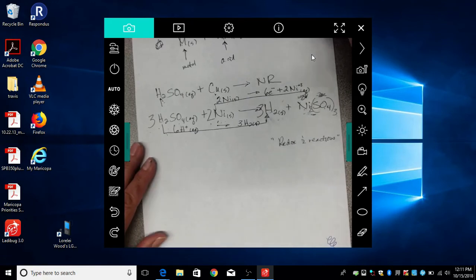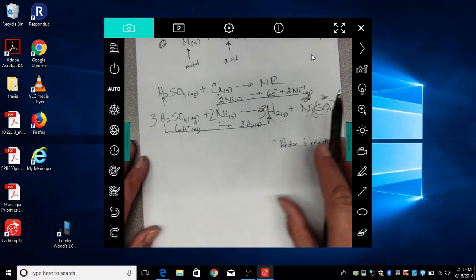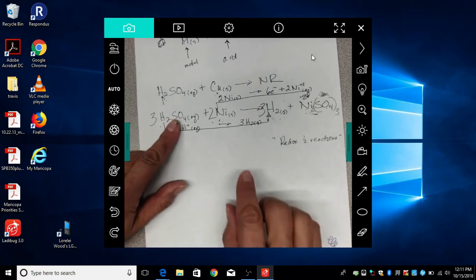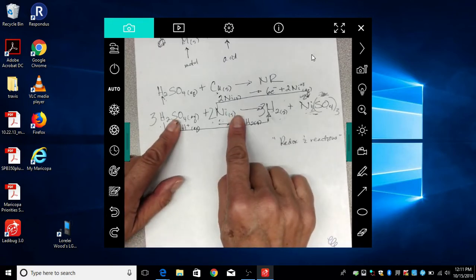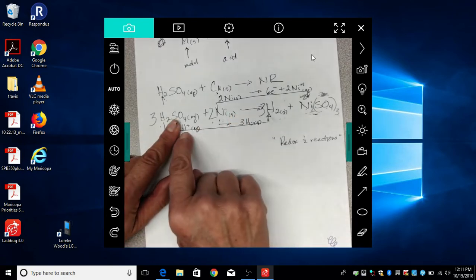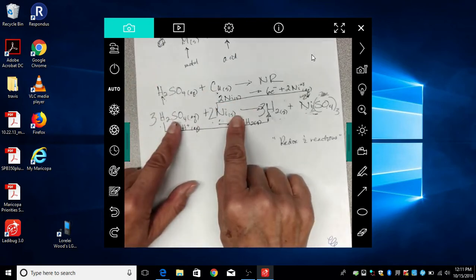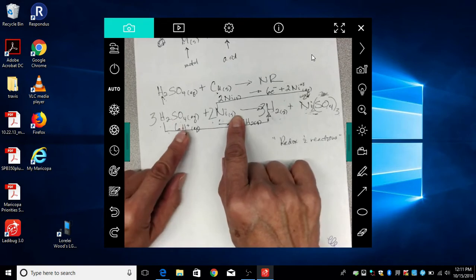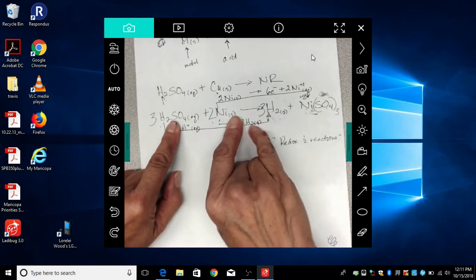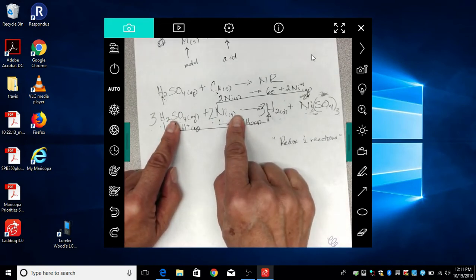Now we're going to write the redox for the second part. Here's the hard part. I'm going to hide the coefficients. Now we have a hydrogen ion that's becoming part of a hydrogen molecule. What does this individual hydrogen ion have to do to become part of that hydrogen molecule? It needs to gain... no, 1 hydrogen ion.